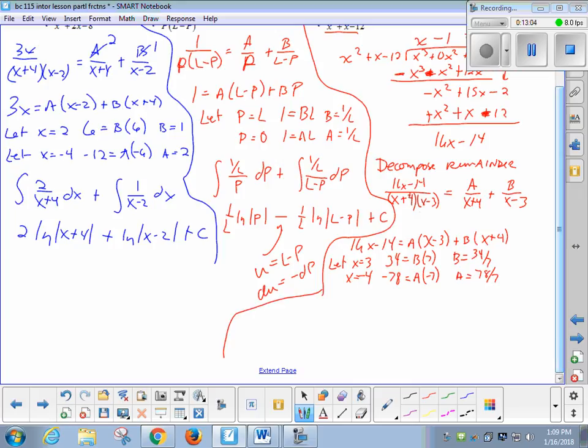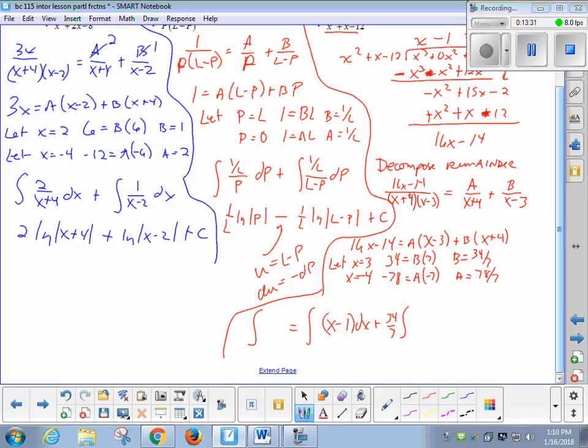The original problem is equivalent to what? The antiderivative of the integral of x minus 1. Don't forget that original quotient, excuse me. x minus 1, and 34 over 7 goes with what fractional factor?